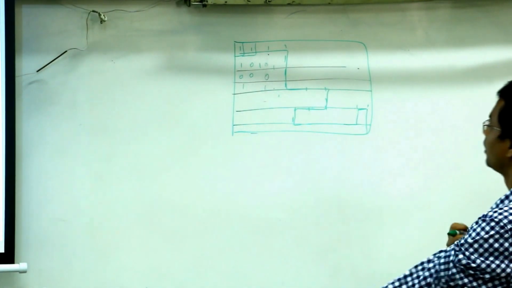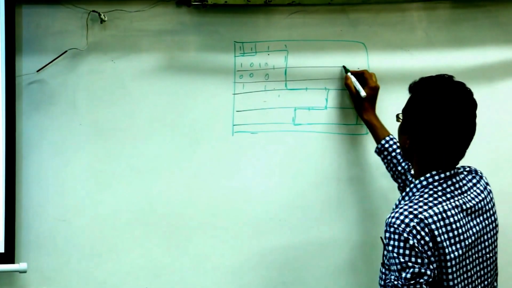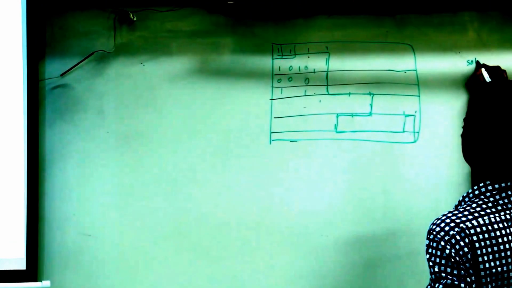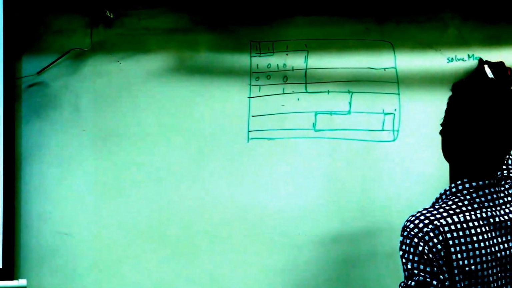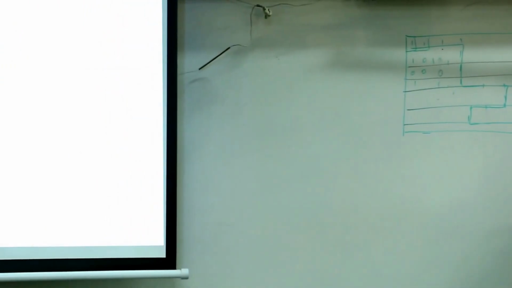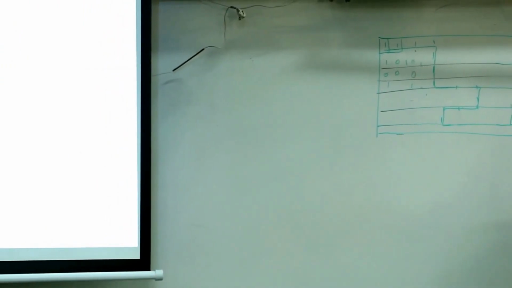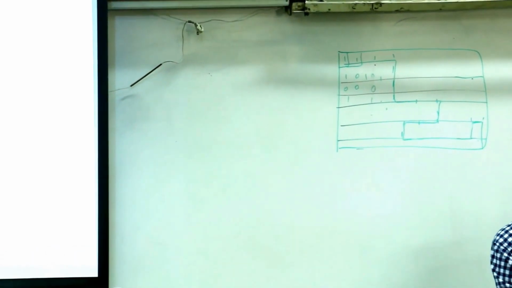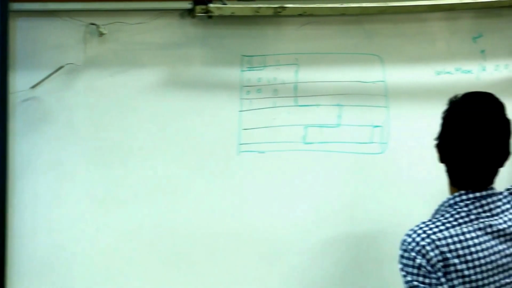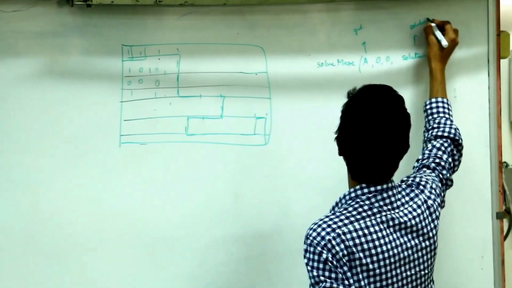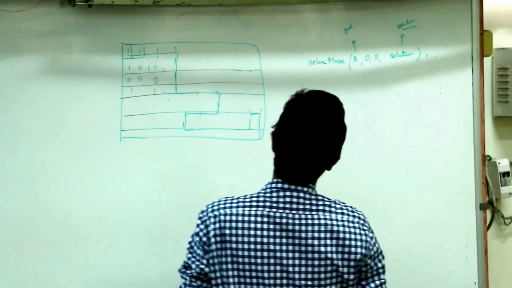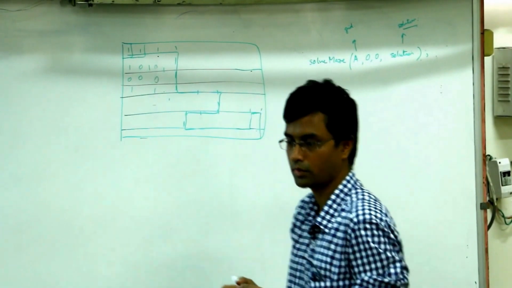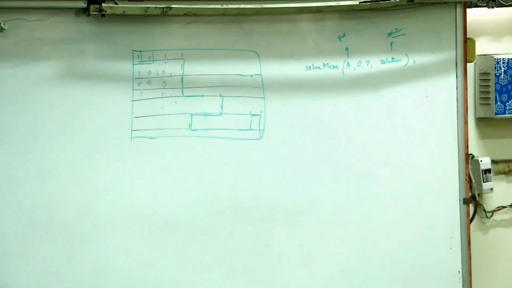You want to solve the maze, maybe starting from 0, 0, and your output is some solution. So A is this grid, and solution is the path which you want. Can you write it, it's not visible?